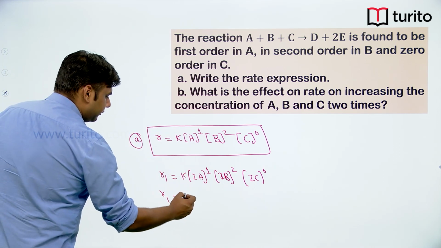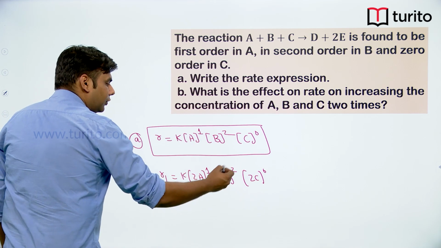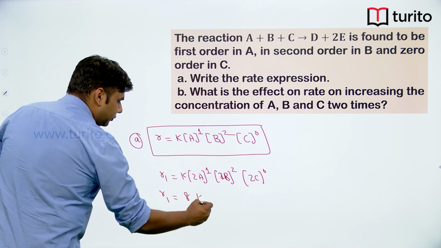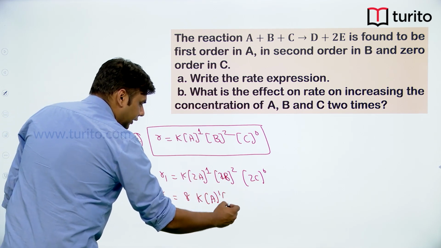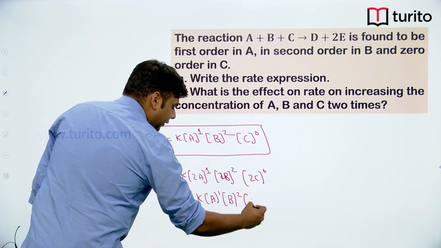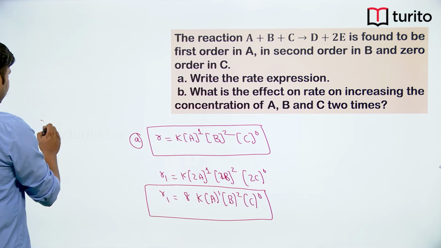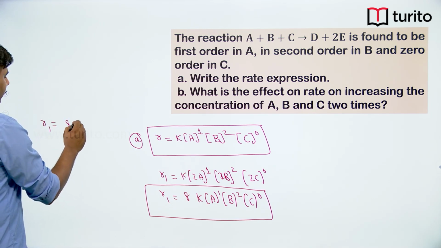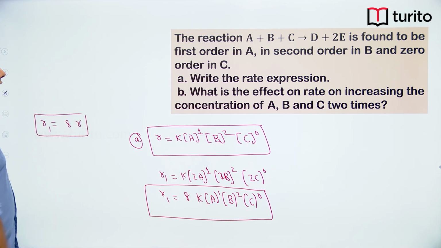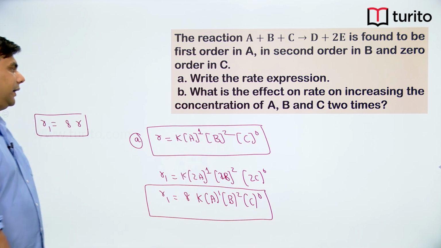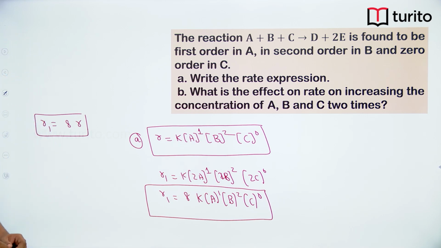So we will take out 2. So this is 2 into 2 square. So this is 8 into K into A raised to power 1 into B raised to power 2 into C raised to power 0. So basically rate is equal to 8 times that of initial rate. So the rate would increase 8 times. I hope this is clear to everyone.